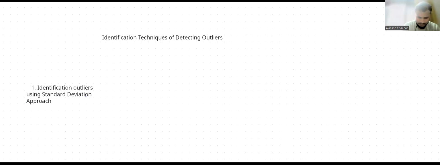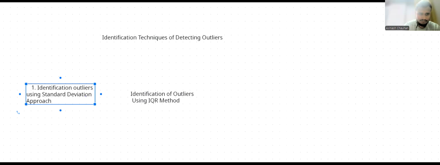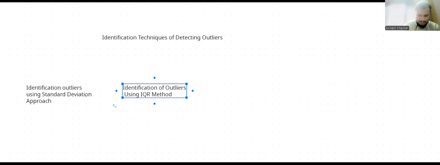And what is the second approach? Identification of outliers using the IQR method. And what is the third method?